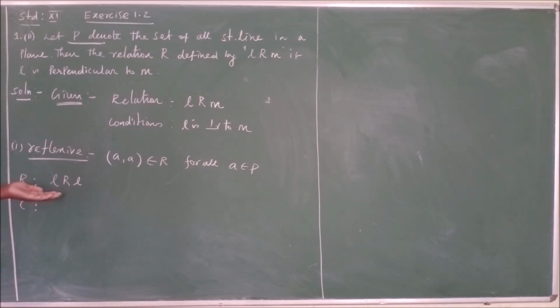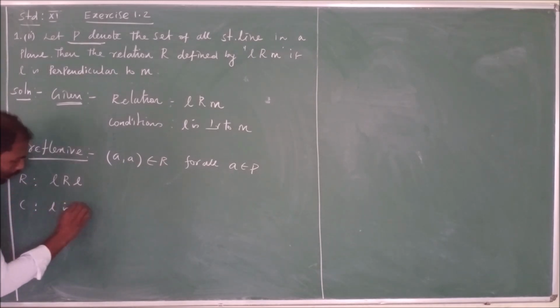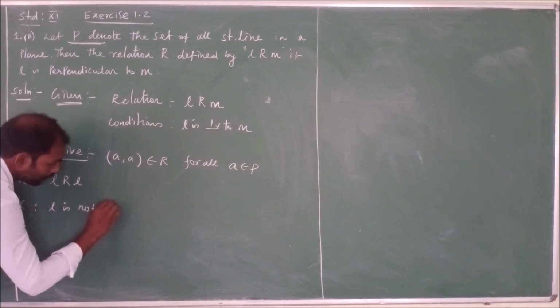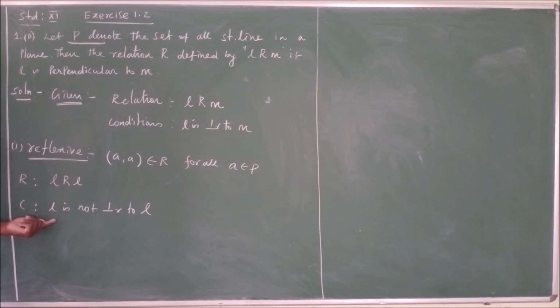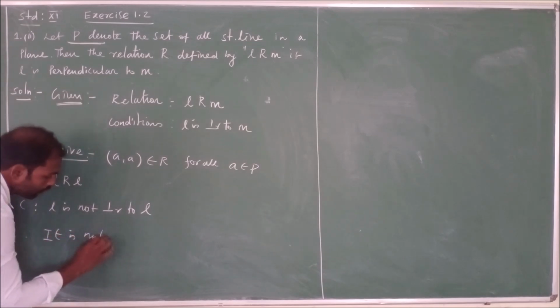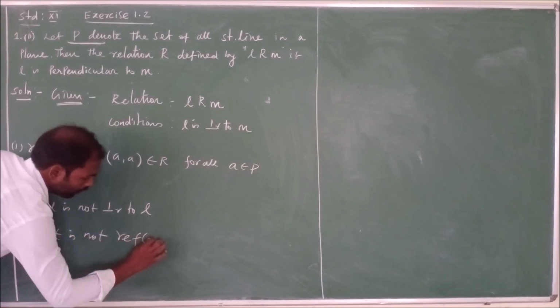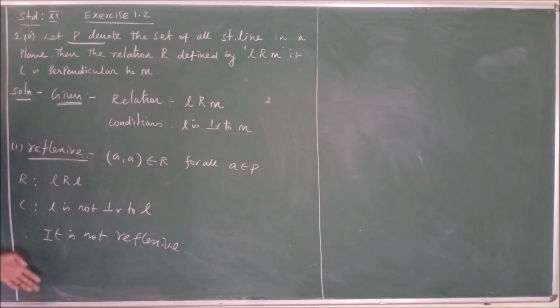So the condition fails: L is not perpendicular to L. Every straight line is not perpendicular to itself. Therefore it is not reflexive. The first condition is not satisfied.